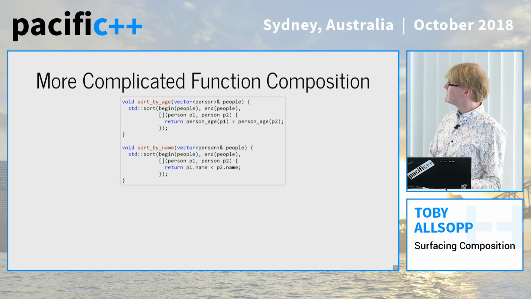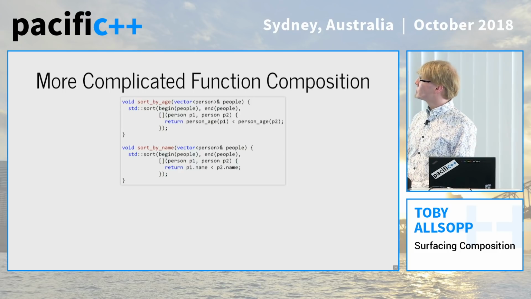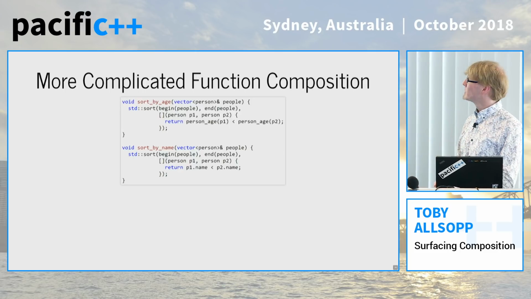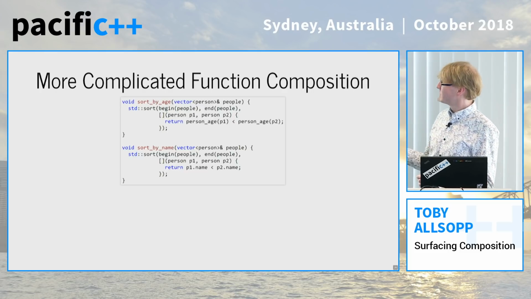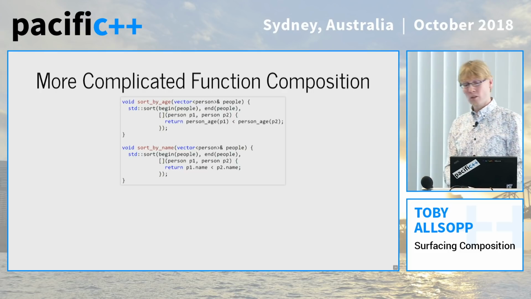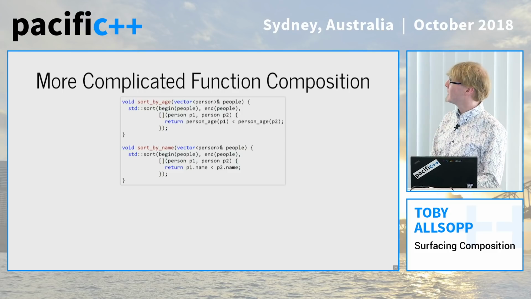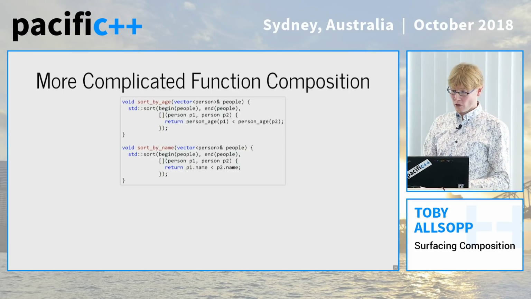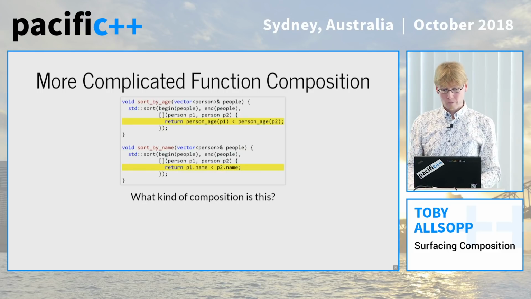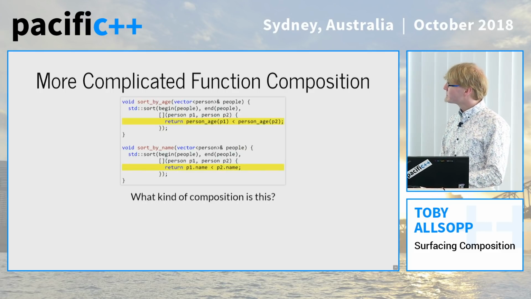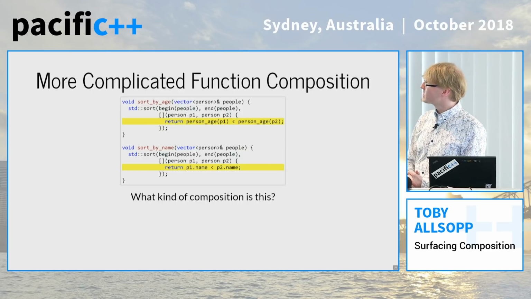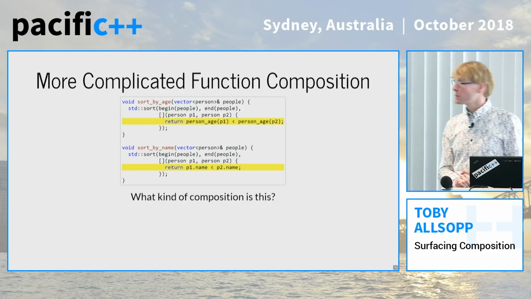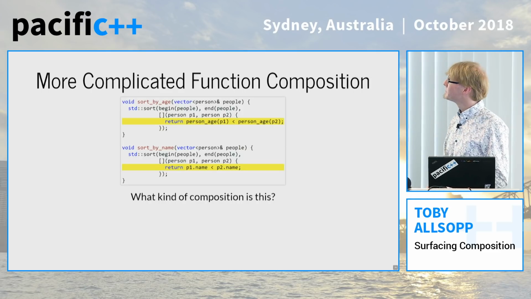And then we want to sort by name as well. So we can write another function to sort by name. We call the sort algorithm. We pass a lambda that pulls out the names and compares those. So inside those lambdas, we've got some kind of function composition again.